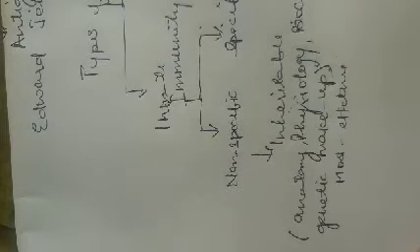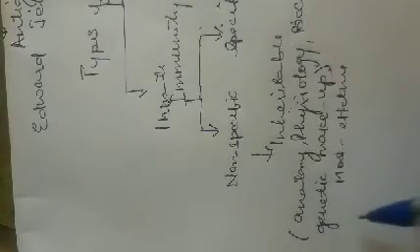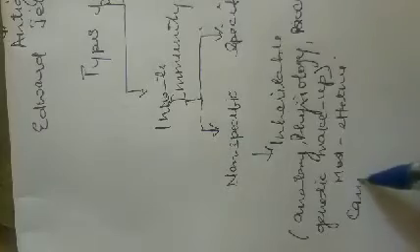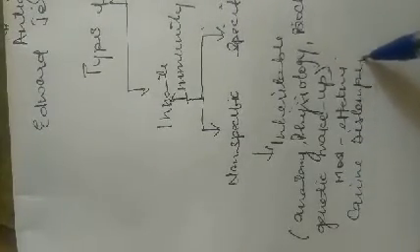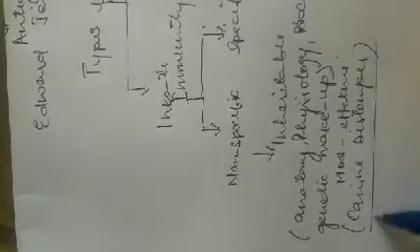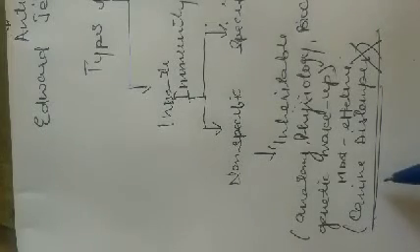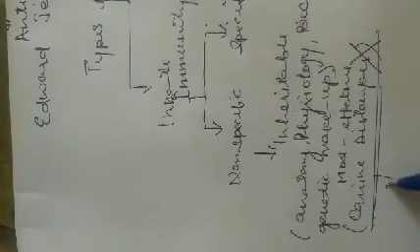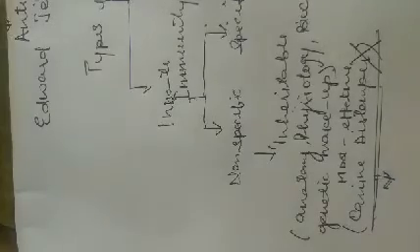Like the example, we cannot get canine distemper. We cannot catch this. This is a disease of dogs. They catch it, but we are immune to this.